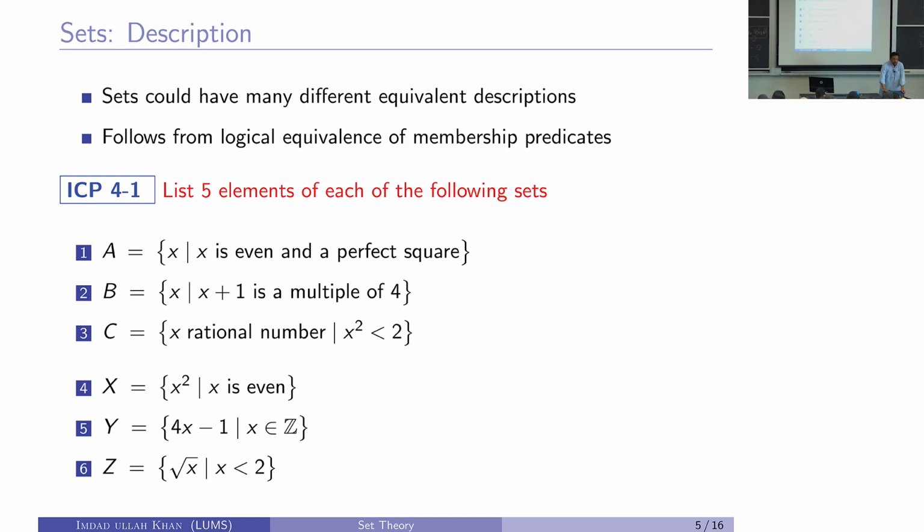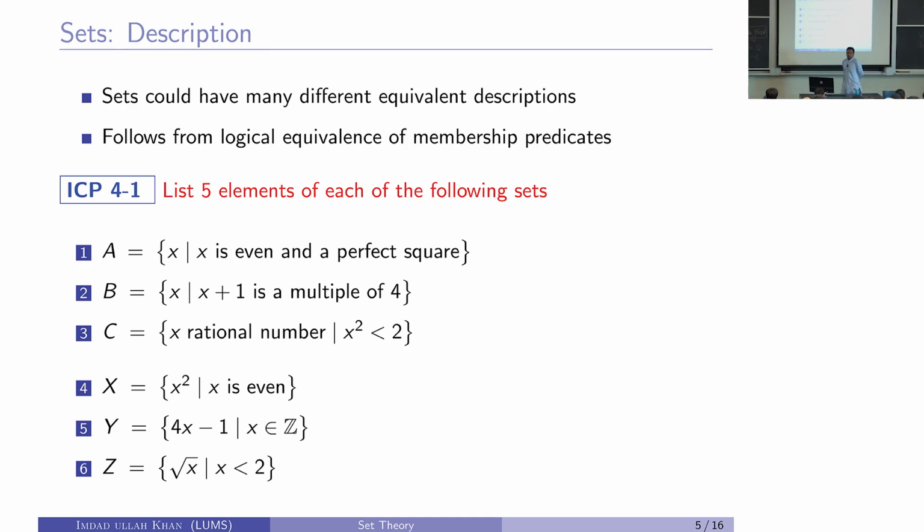So that's 5. You know what the set A is: it's even numbers that are also perfect squares, the numbers that can be written as the area of a square with integral lengths.